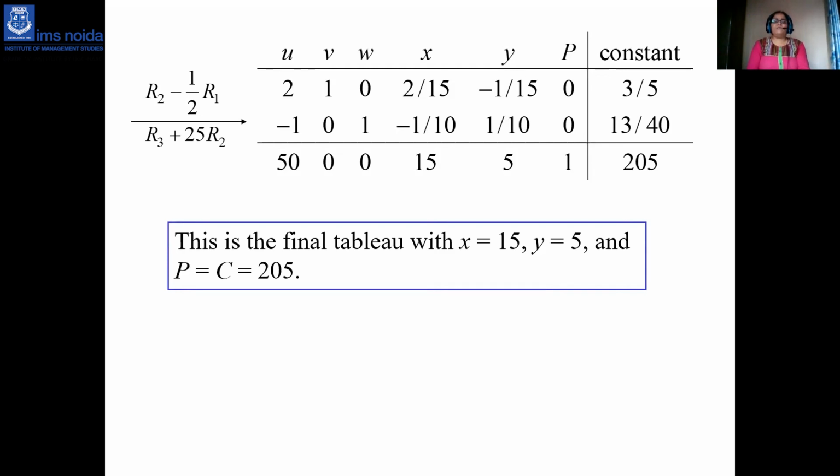So the final values are: x is 15, y is 5. And if you put x equal to 15, y equal to 5 in the maximize z objective function, then you will get 205 as the z value.